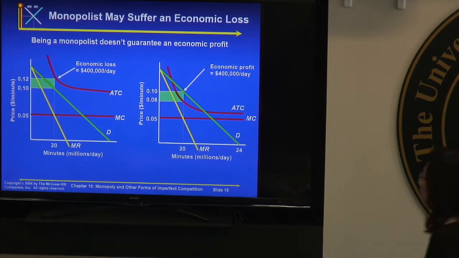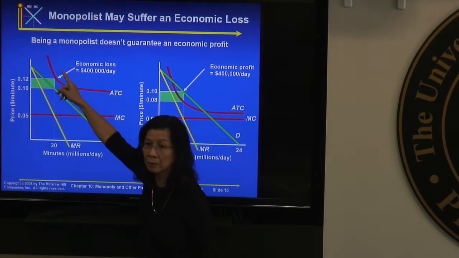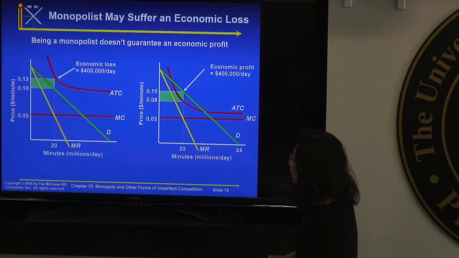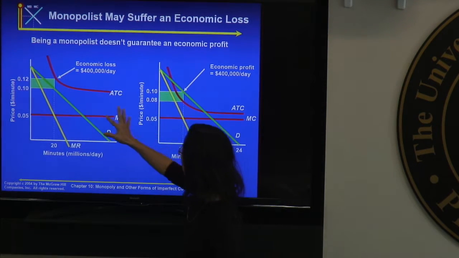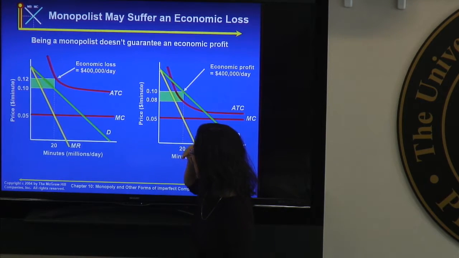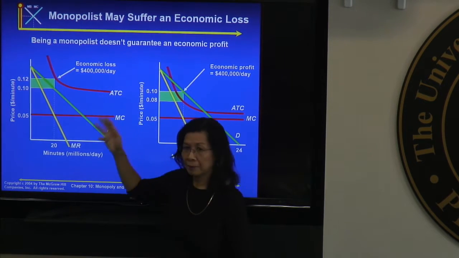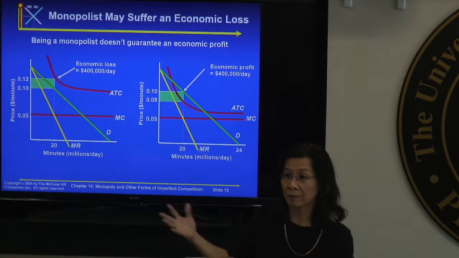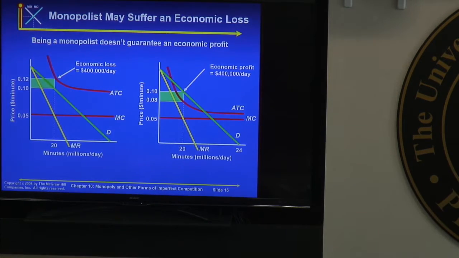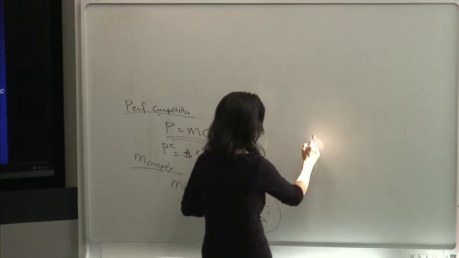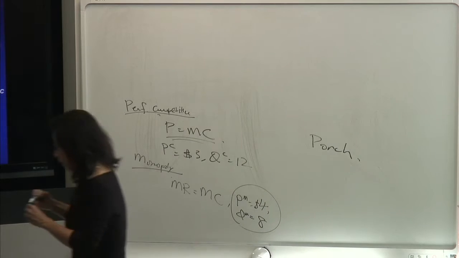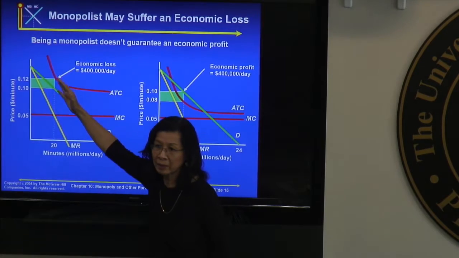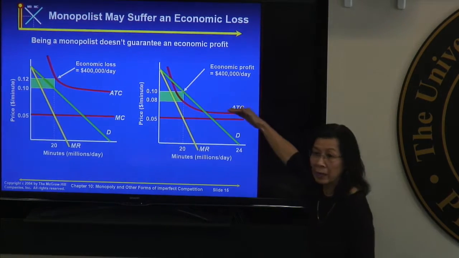Next, what you see now is your average total cost. Your average total cost happens in two places. How many of you have a house that has a porch that goes around? This ATC happens sort of at the porch, and here is inside the house.